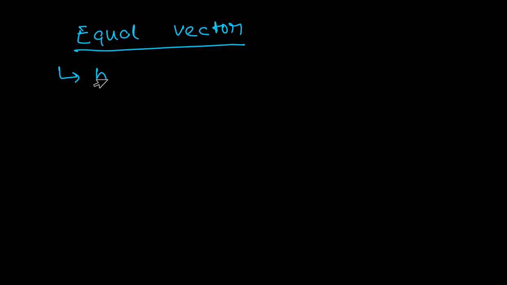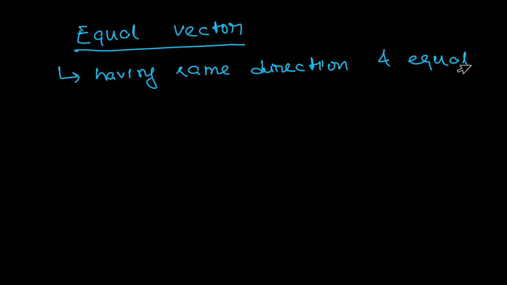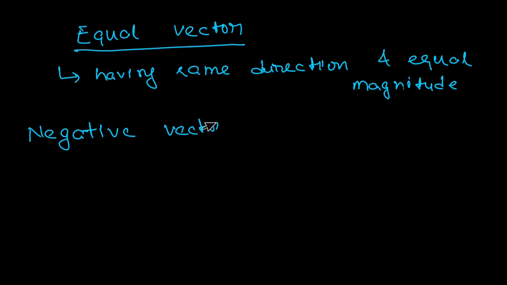A negative vector is a vector having the same magnitude but opposite direction. Same magnitude and opposite direction.